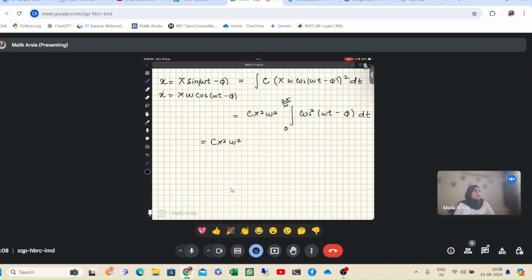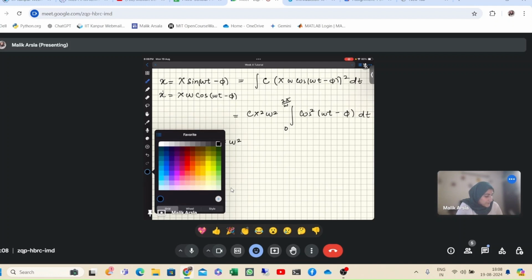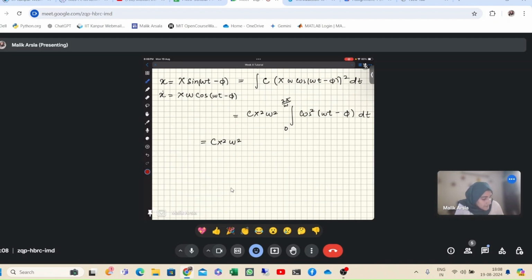Now you know that cos square of omega t minus phi, we cannot directly integrate it. So I will use an identity here. We know that twice cos square theta minus 1 is equal to what? Cos 2 theta, right? So here we can write cos square theta as cos 2 theta plus 1 divided by 2, right?